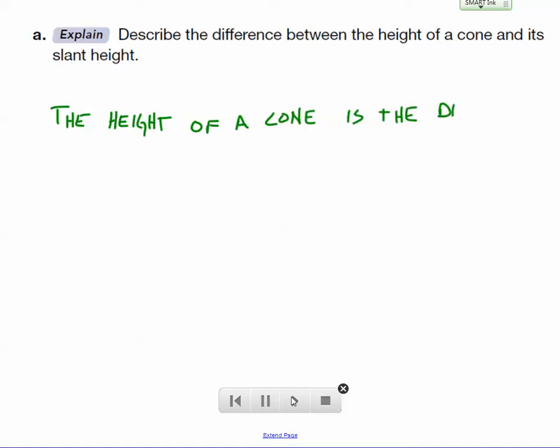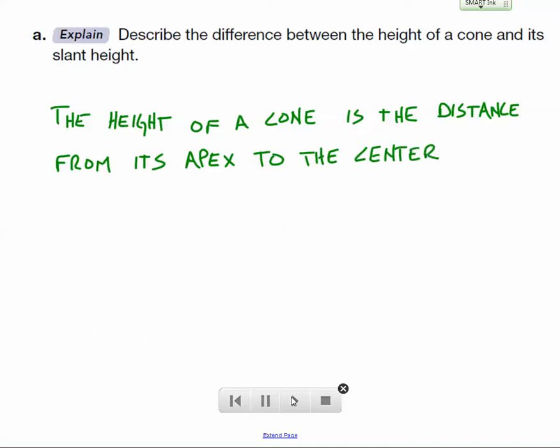Height of a cone is the distance from its, here comes a big word for you, actually it's a small word, apex, that's that vertex at the top that I drew from the height, from its apex to the center of its base. That's the height, as opposed to the slant height.